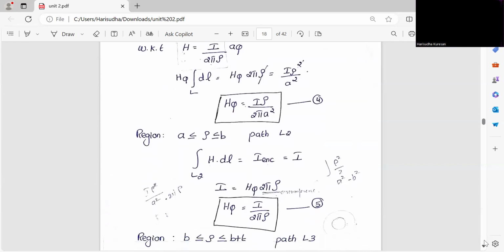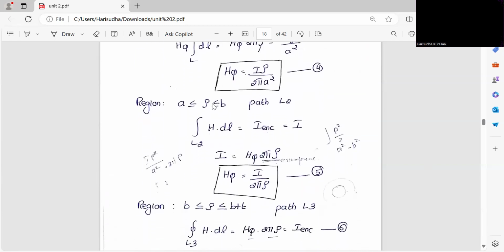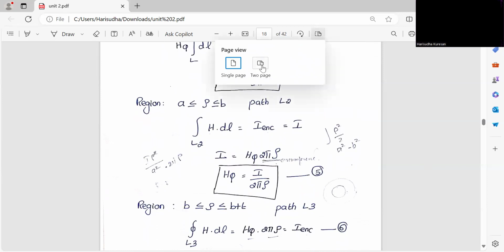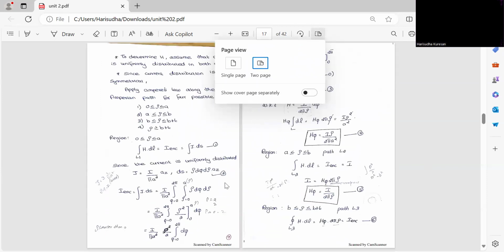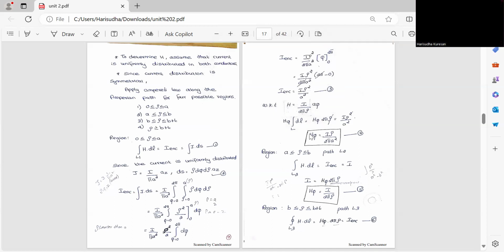Now, for the second region, we see where rho lies between a to b. So we can see here, for the second region, rho lies between a to b, so we are going to consider the path L2.